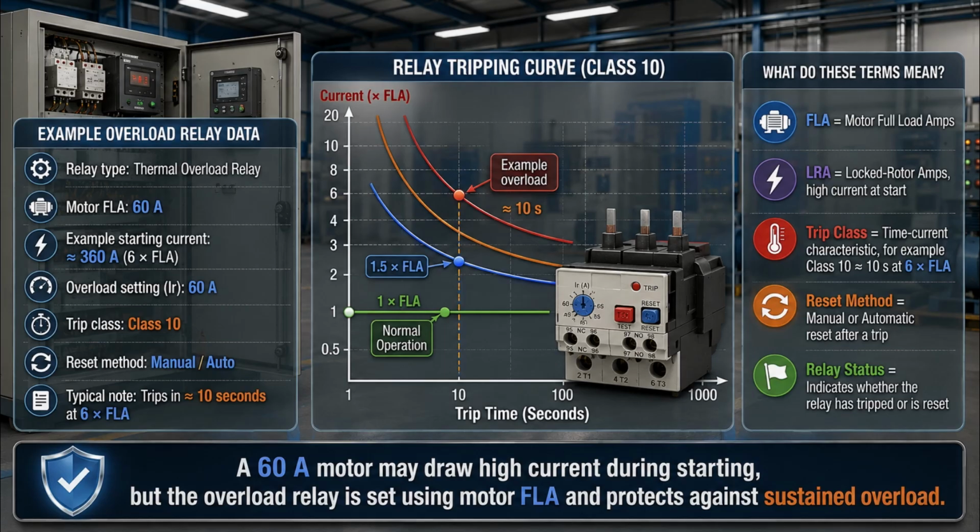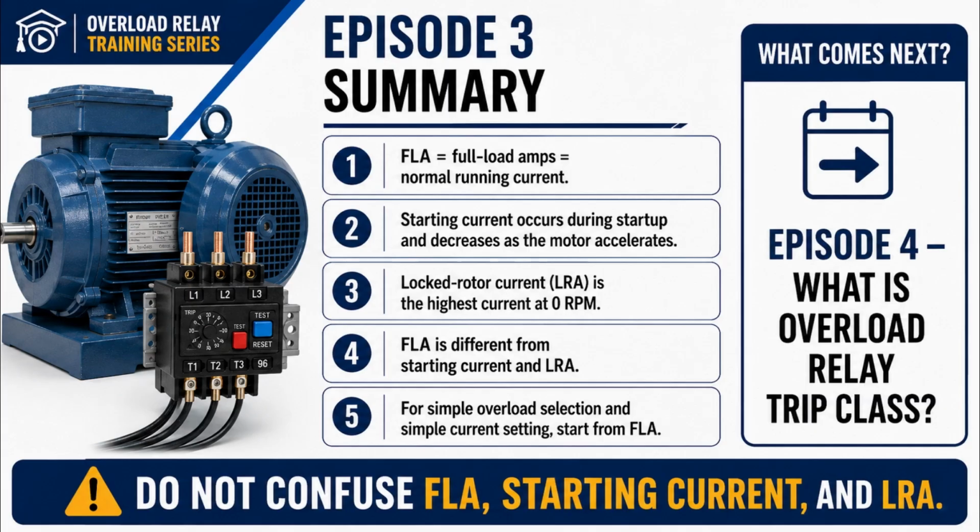Now let's bring everything together. We started with FLA, which is the motor's normal full load current under rated operating conditions. Then we looked at starting current and LRA, where the motor can draw several times more current while the rotor is still stationary or accelerating. We also saw how, as RPM increases, back EMF increases, and the motor current begins to fall toward its normal running value.